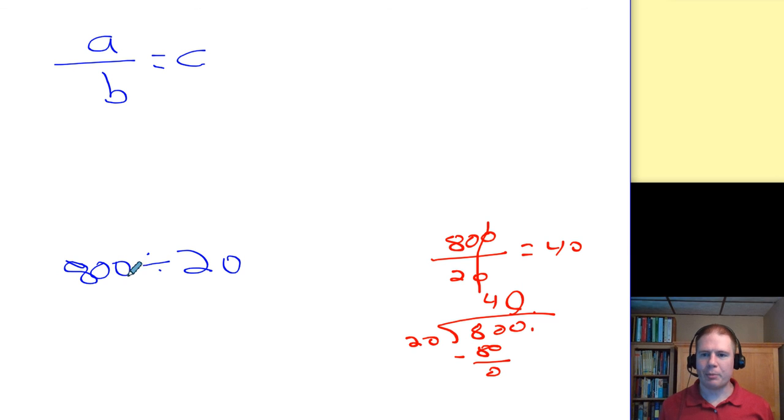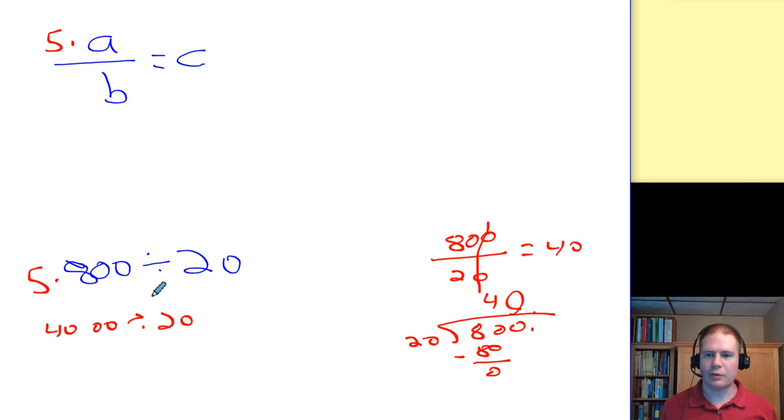But what happens if I multiply the numerator by 5? So 5 times 8 is 40. So now I have 4,000 divided by 20. So it's not 800 divided by 20, it's now 4,000 divided by 20.